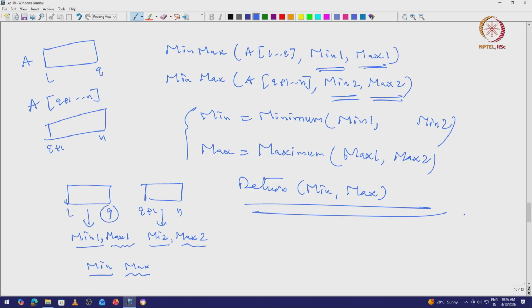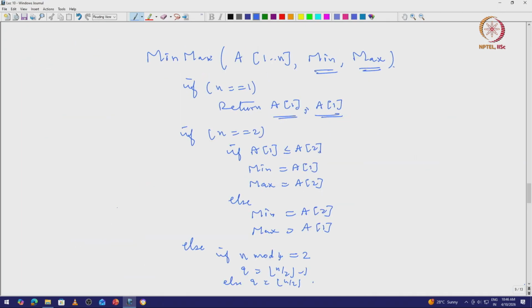The split point definition is important. If n is a multiple of 4 plus 2, then the split point is floor n by 2 minus 1. Otherwise, it will be floor n by 2. That is what is done here.